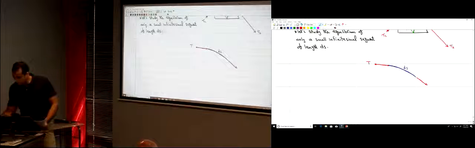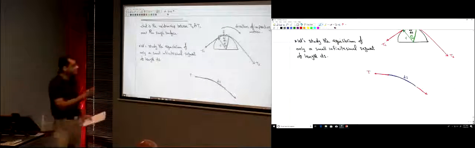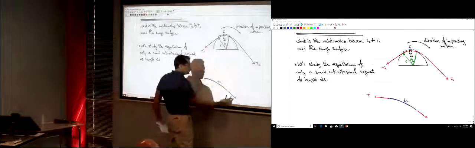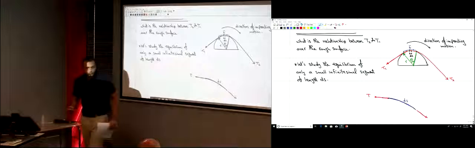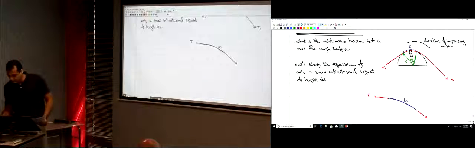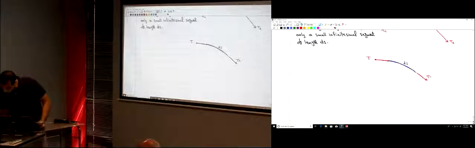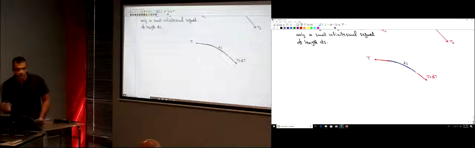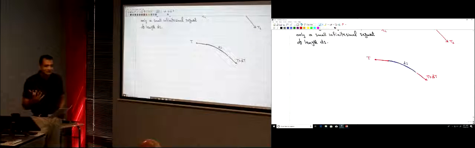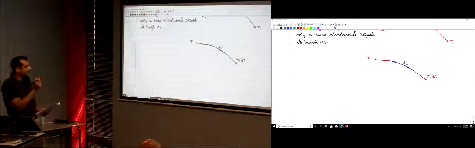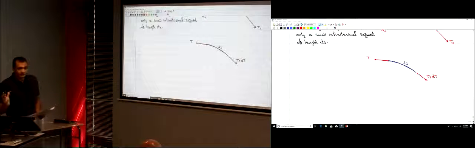We said here T2 is larger than T1, so this one is going to be larger. So let's say the change here is T plus some additional tension, dT. So the magnitude of the tension changed along this small distance ds by the magnitude of dT.